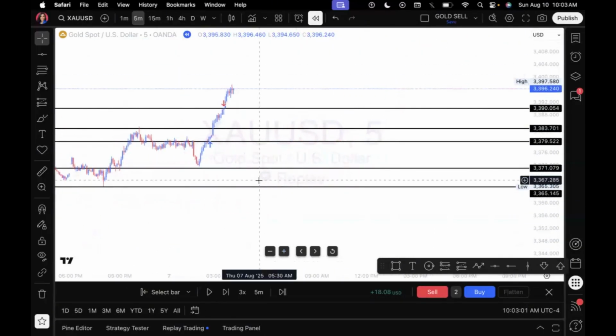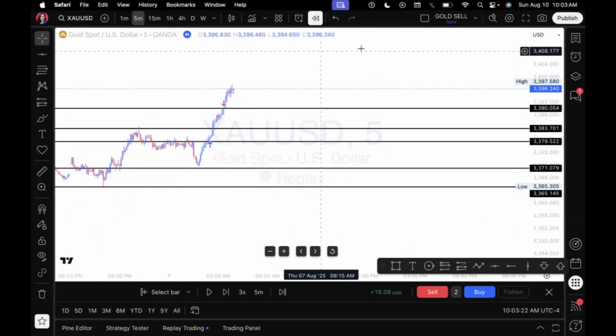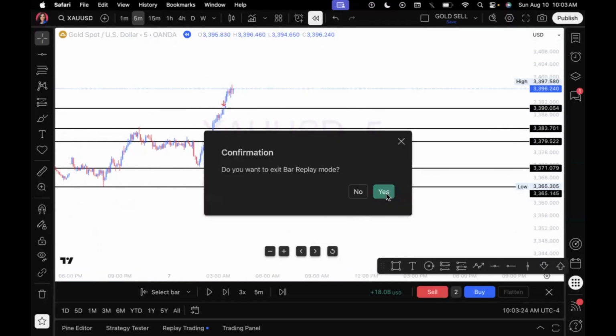Now, if we just zoom in, we can see how even at the next level, there was a break of structure above the previous area of resistance. Then there was a positive blue retest and the market continued to go up. We have the same thing happening here. There was a break of structure and a positive retest. And as we can see, our trade hit TP.